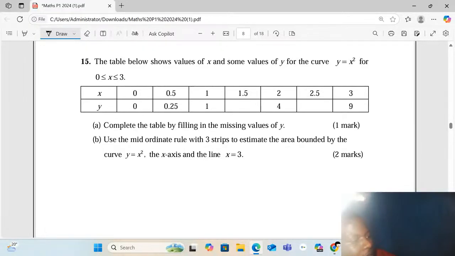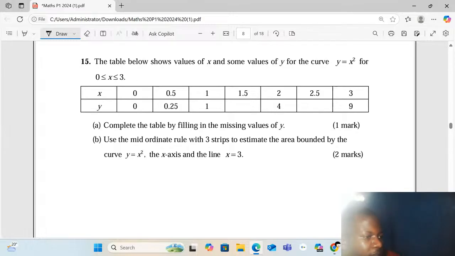Now, the table below shows values of x and some values of y for the curve y equals x squared, for values of x which are greater than or equal to 0 and less than or equal to 3. Complete the table by filling in the missing values of y. So you have x, and y is x squared.